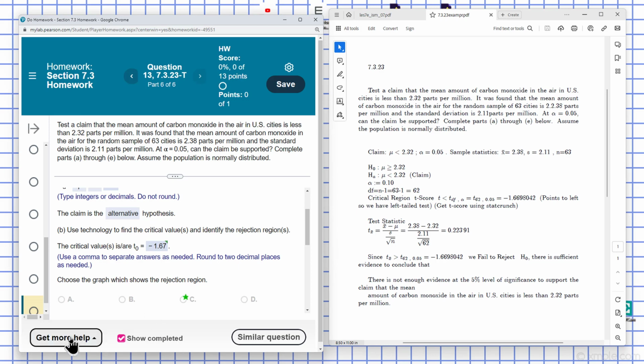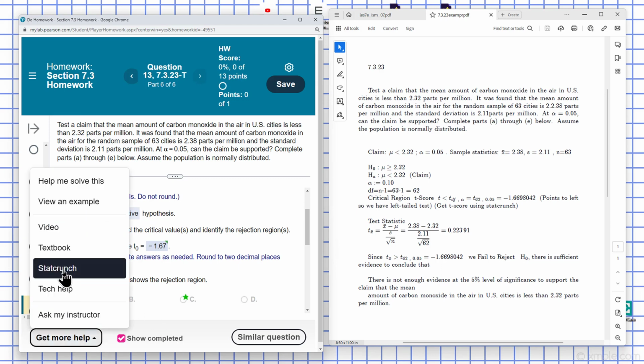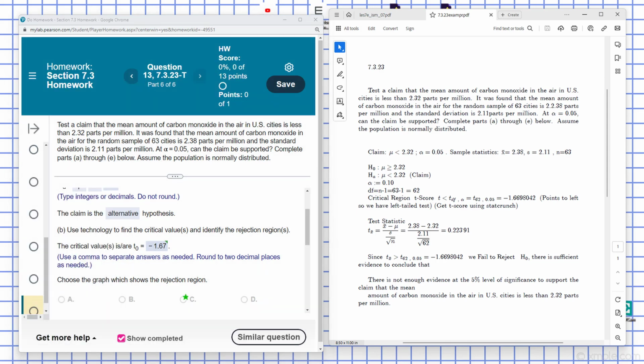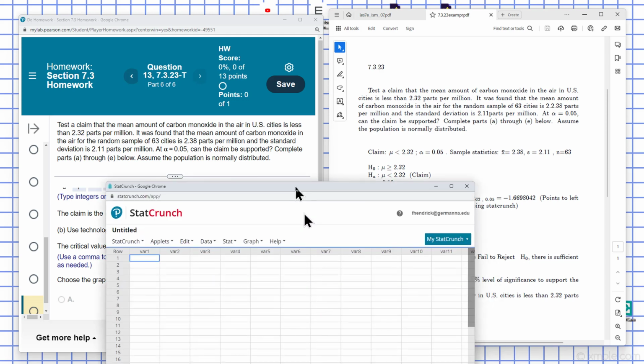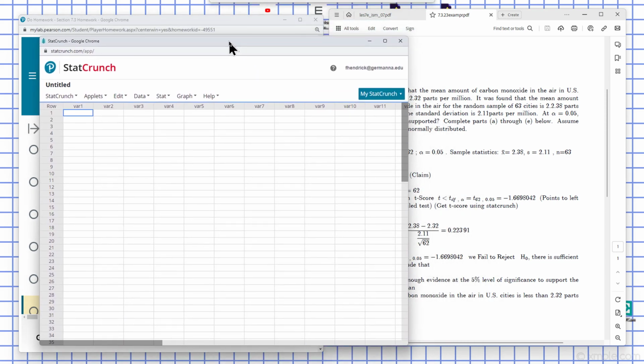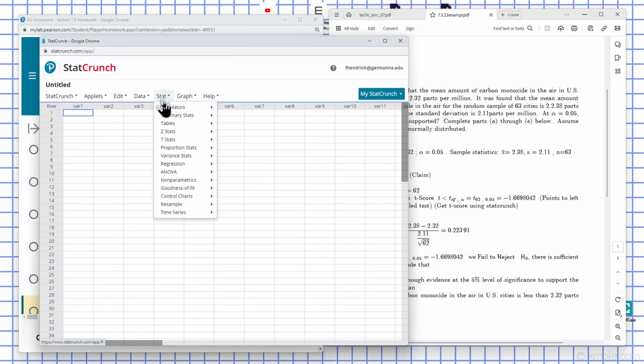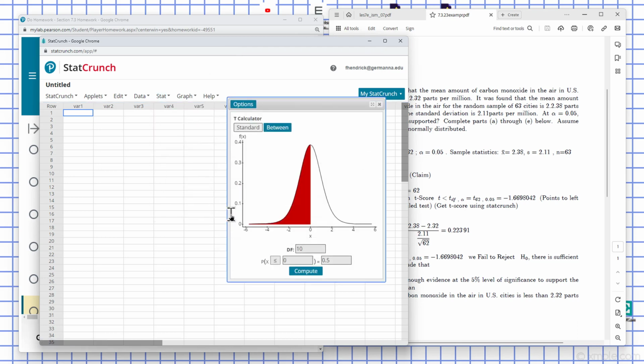So you can go to StatCrunch, Stat, Calculators, and we'll hit T, degrees of freedom 62.